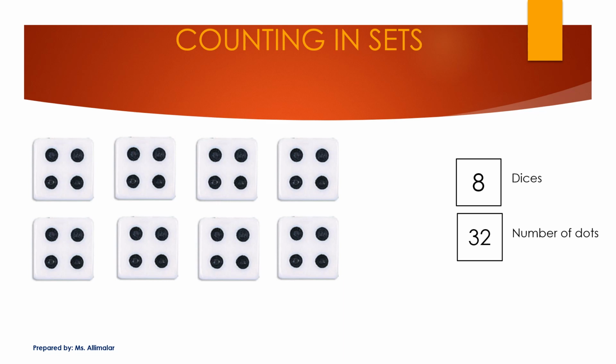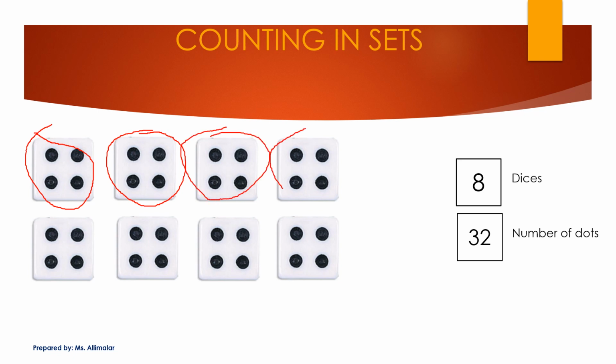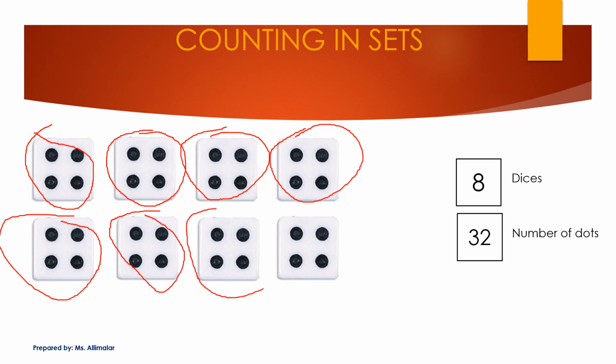Now, let me find a pen. One dice, 2, 3, 4, 5, 6, 7, 8.